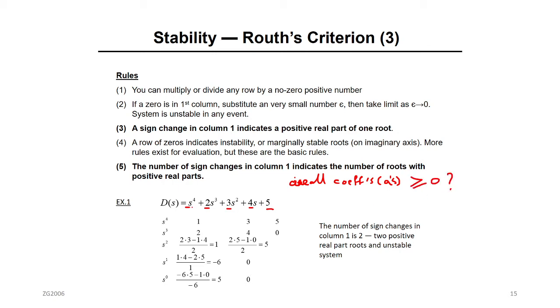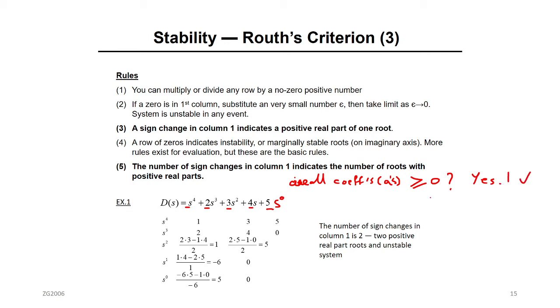Check. We have s to the power 4, it's number 1, so this is positive, non-zero. Good. s to the power 3, positive, non-zero. s to the power 2, positive, non-zero. s to the power 1, positive, non-zero. s to the power 0, positive, non-zero. So the answer is yes.